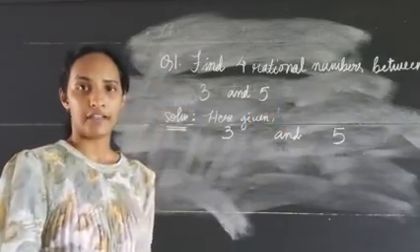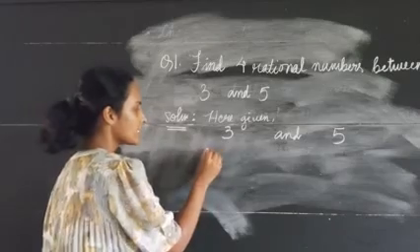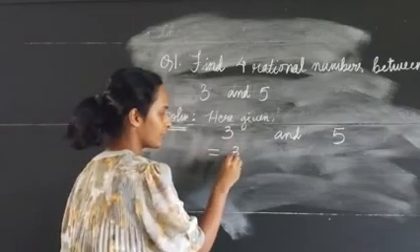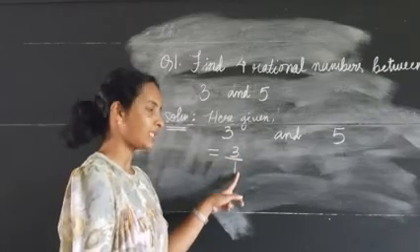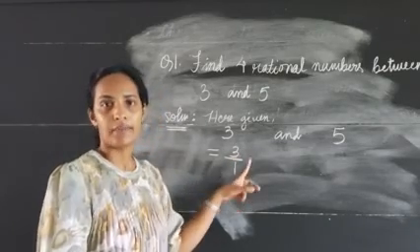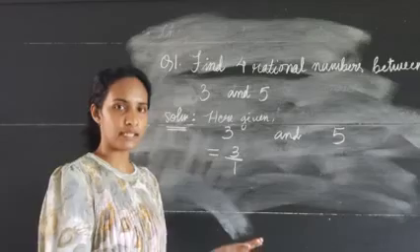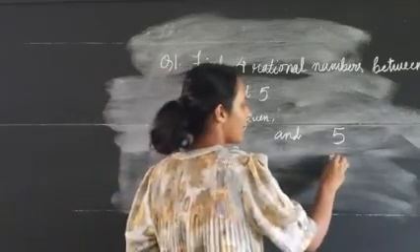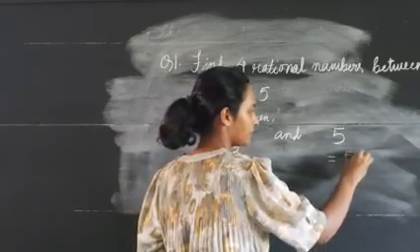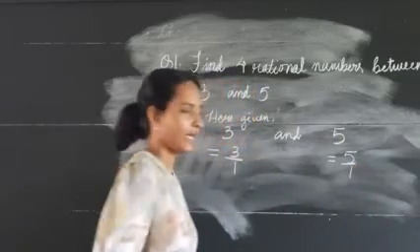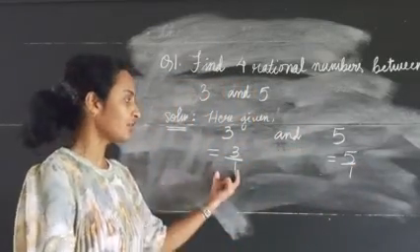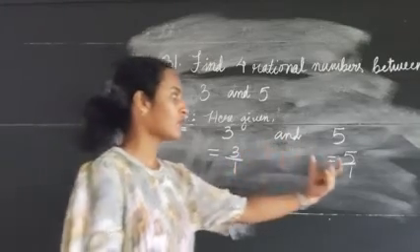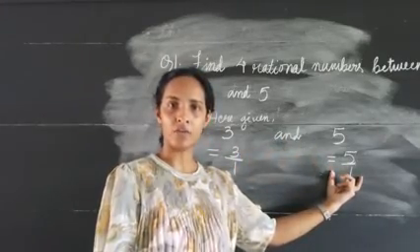Now, this 3 can be written as 3 by 1, because any number can be written with 1 as its denominator, since 3 by 1 is 3 itself. Now, 5 can be written as 5 by 1, for the same reason. So, 3 can be written as 3 by 1 and 5 can be written as 5 by 1.